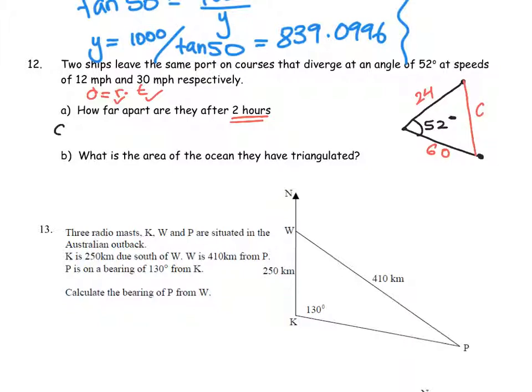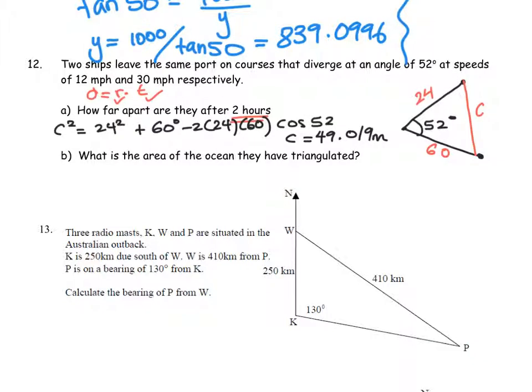So c squared is equal to 24 squared plus 60 squared minus 2 times 24 times 60, cosine of the angle between them. So side c in this case is going to be equal to 49.019 miles, since they said miles per hour.